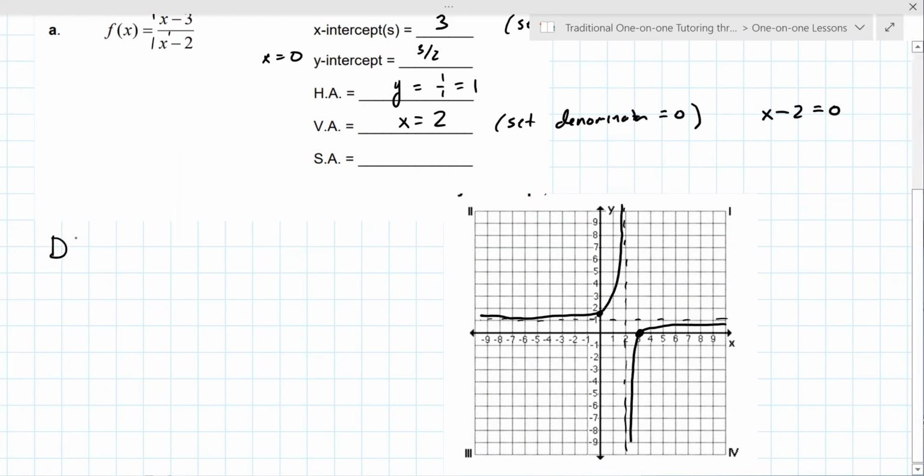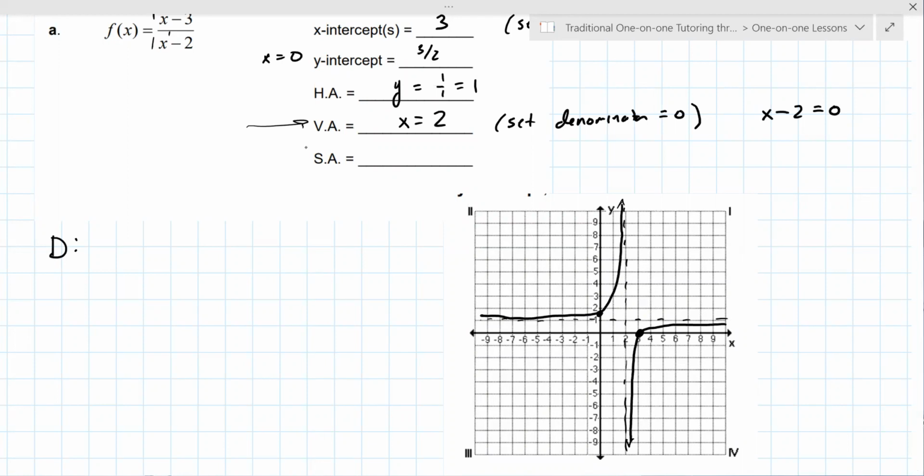Now your exam's way more sophisticated than this, so we need to talk about some other stuff. We need to talk about the domain. Now the domain is any restrictions? Are there any restrictions on this graph on the right? No. So what about this place where it goes from positive infinity down to negative infinity? Vertical asymptotes are problematic when it comes to domain, so they're excluded from the domain.